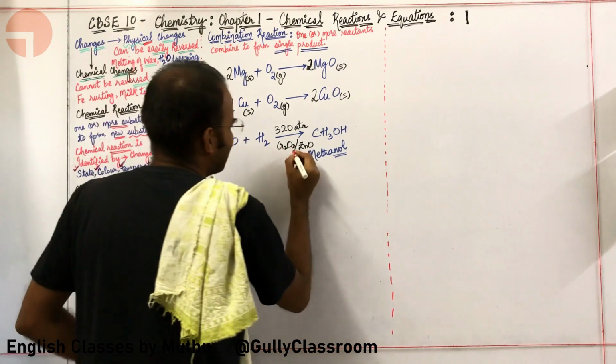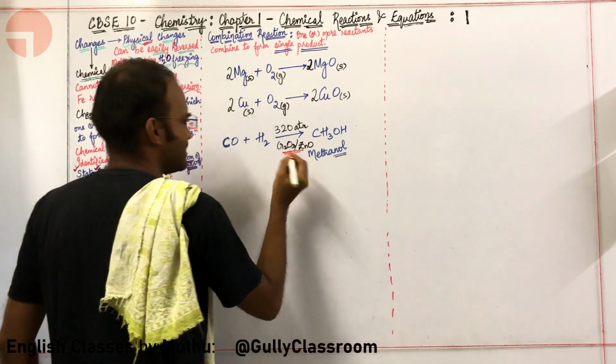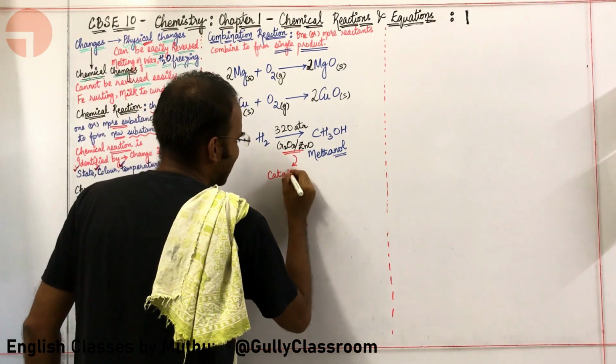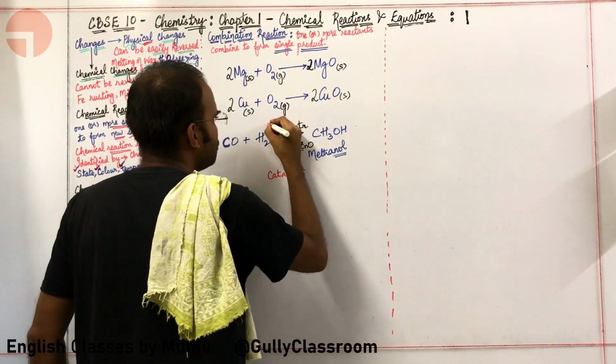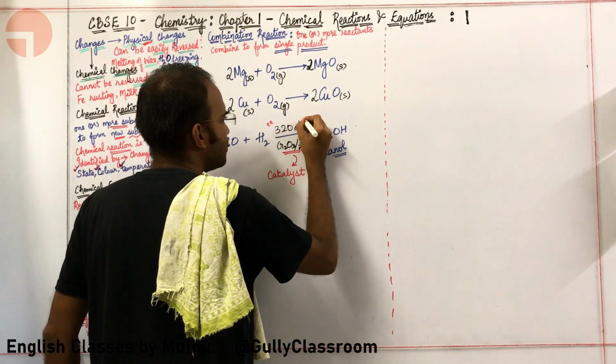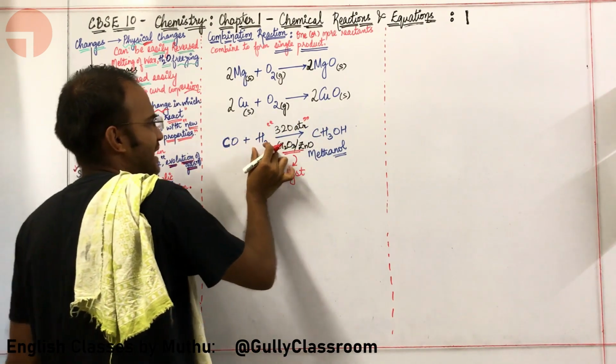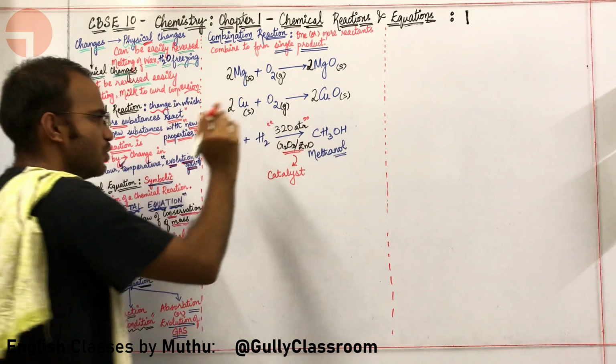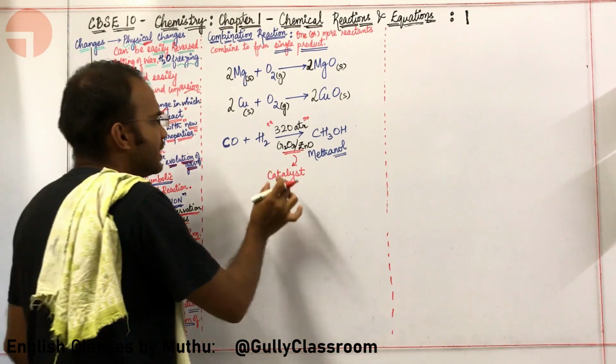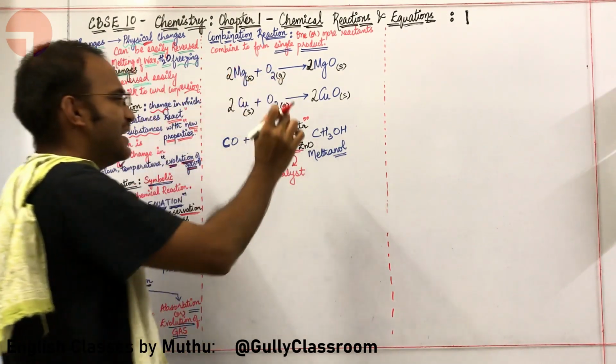Sir, kindly tell me what is the meaning of this word catalyst. I understand that you need to give a pressure of 320 atmosphere for carbon monoxide to combine with hydrogen in order to form CH3OH, methanol. But what is the meaning of catalyst?